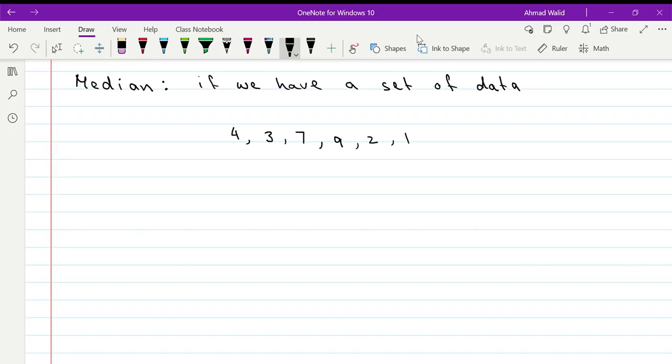What is the median of these numbers? How can we find the median? There are a few things that you have to remember.